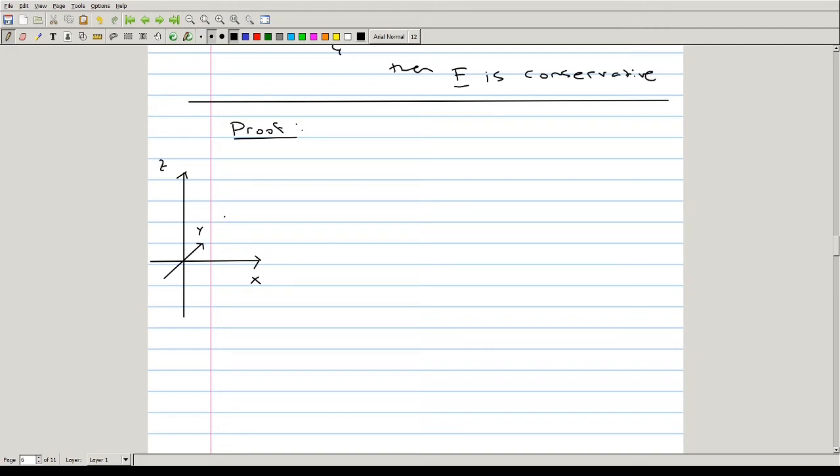We'll consider two paths inside this region, say one path from A to B here, and another path from A to B prime. This is all inside some three-dimensional region omega.